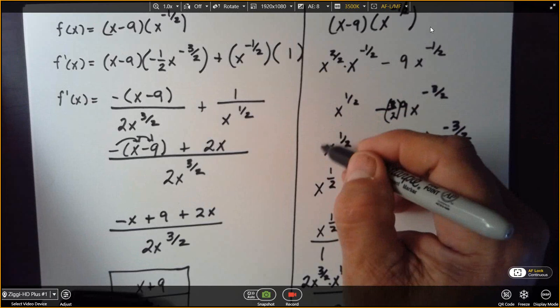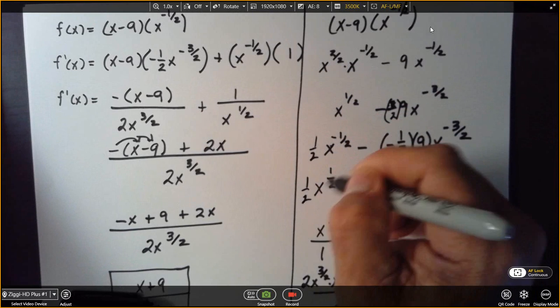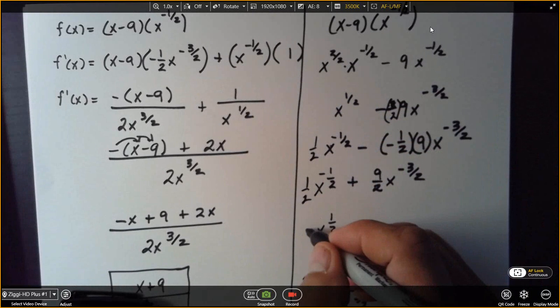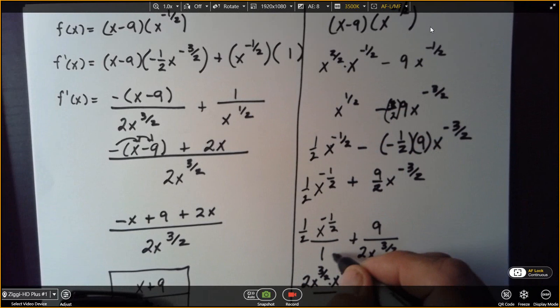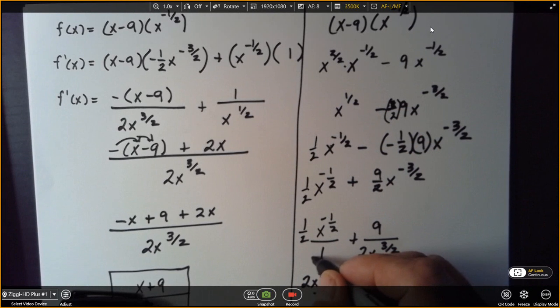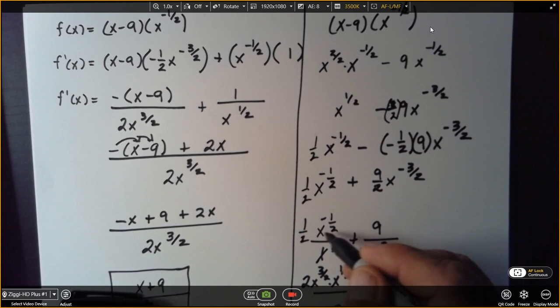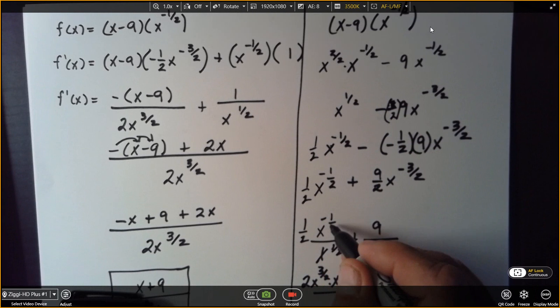That's what I did wrong. 1/2 x to the negative 1/2. Sorry about that. So that'd be 1/2 x to the negative 1/2, and that negative 1/2 will come down. Negative 1/2 x to the 1/2. There we go. And that 2, I need to bring 2x. That 2x will go here.